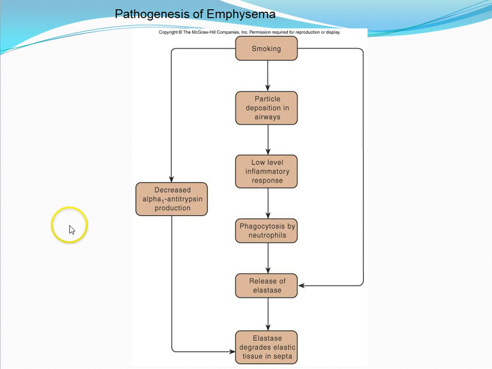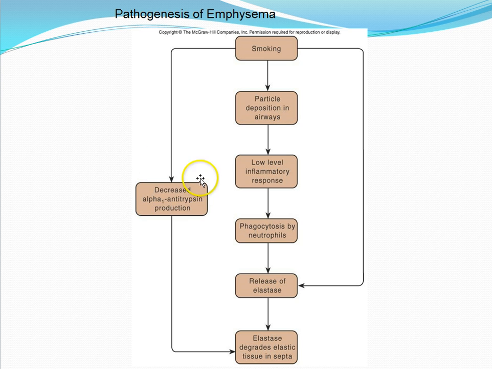And this is showing the pathogenesis of emphysema. Smoking causes particles to be deposited in the airways, which cause an inflammatory response, bringing in the neutrophils that end up releasing and stimulating the effect of elastase that destroys the elastic tissue in the septa of the alveoli.